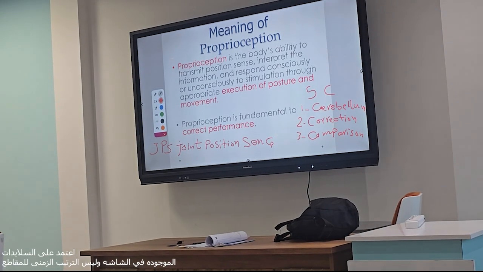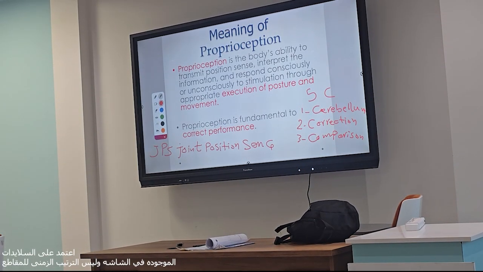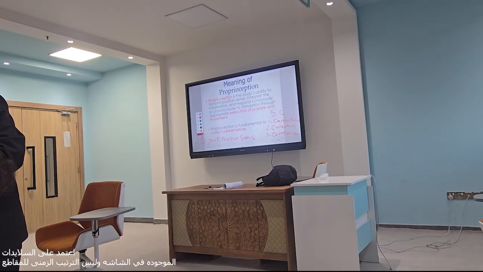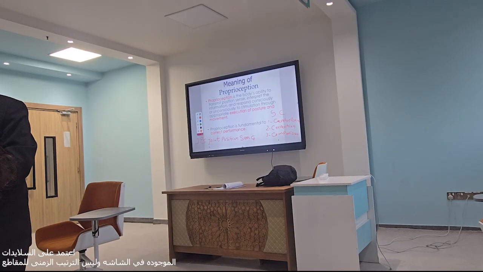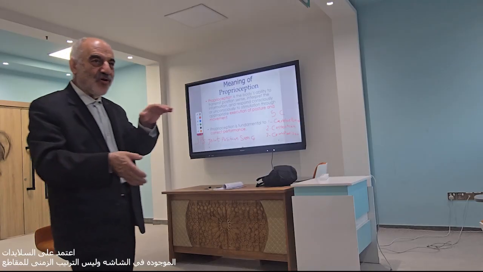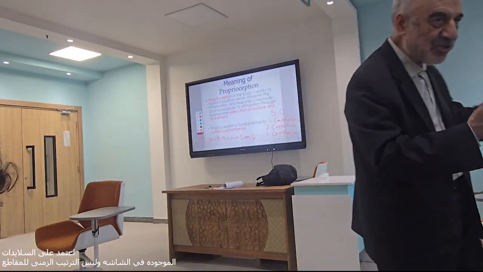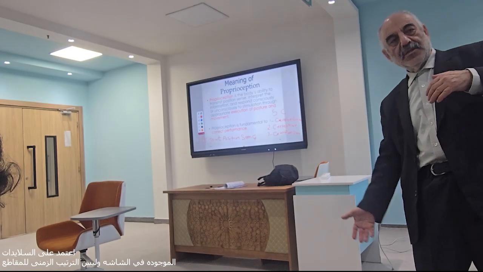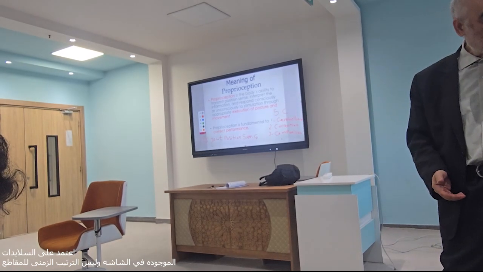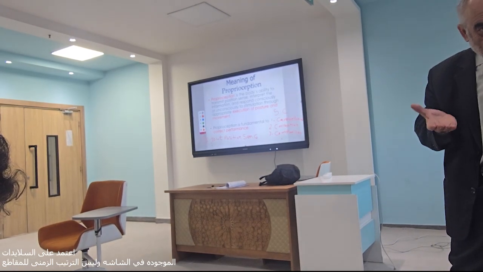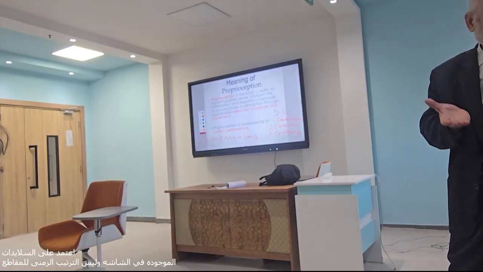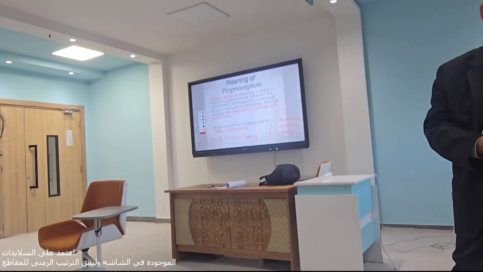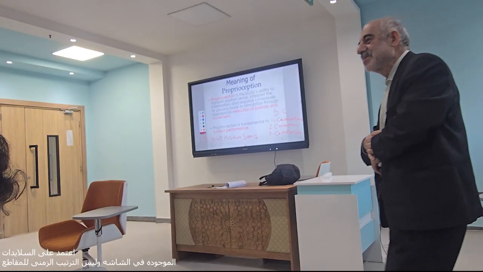It compares, and if there is any problem, it sends corrective information or correcting impulses to the spinal cord in order to correct. So one function of the cerebellum is comparison between the peripheral and central, and sending corrective responses for correcting the errors, if there is any error in the movement.